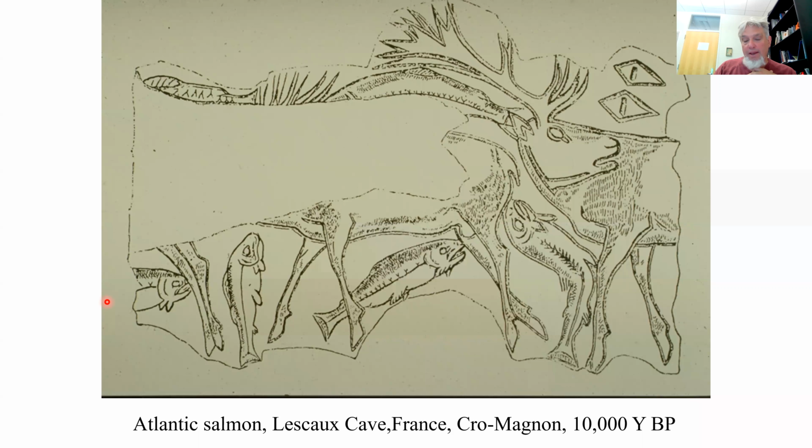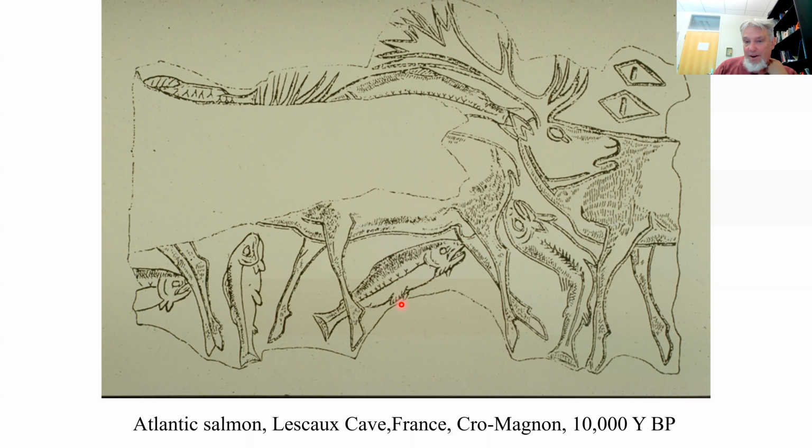image from the Lascaux cave in France, which is probably about 10,000 years ago. And these are Atlantic salmon. We know they're salmon because of some of the details in this painting. They have a little fin here, just beyond the dorsal fin.